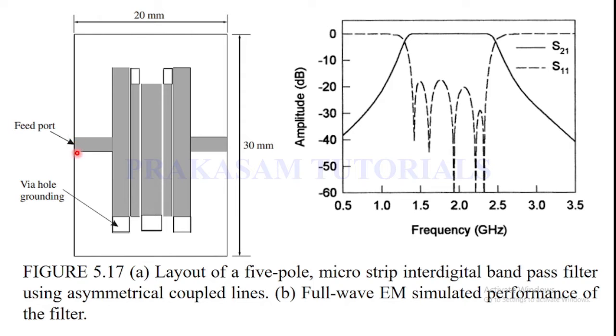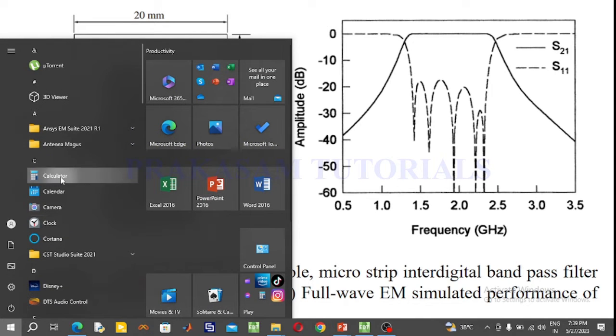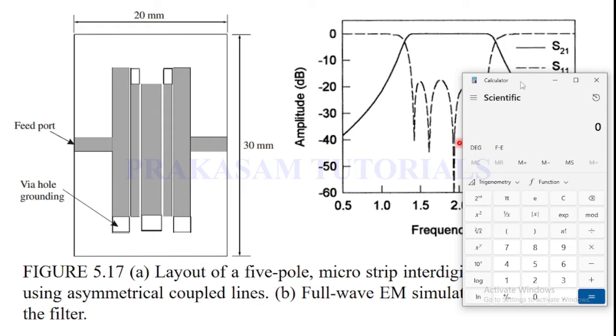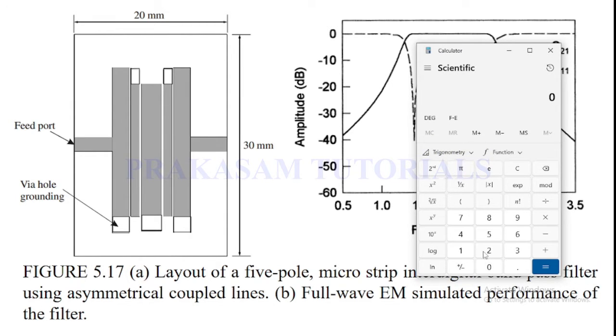So now here this 50 ohm transmission line X position is 10 mm, and this 50 ohm transmission line length is 4.9, and 10 minus 4.9 is 5.1, minus this width 2.2.